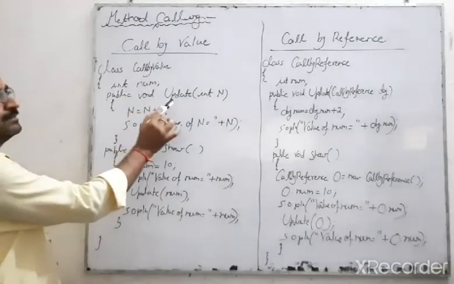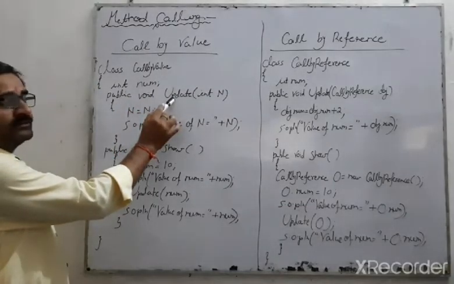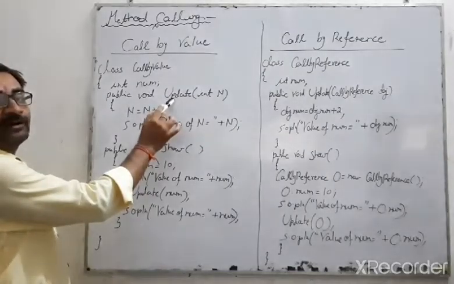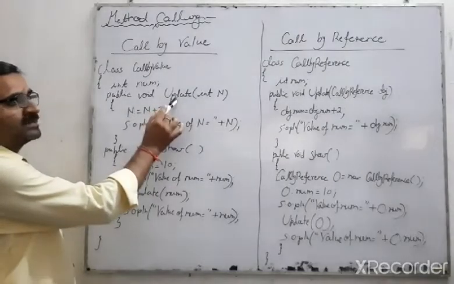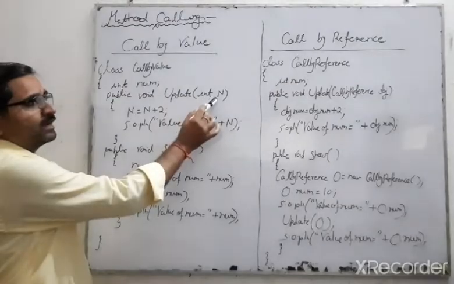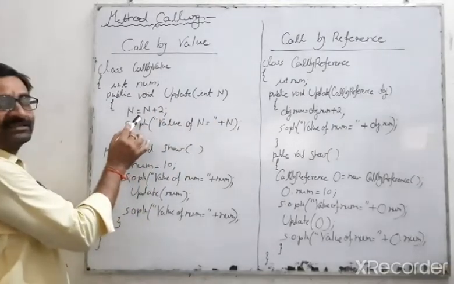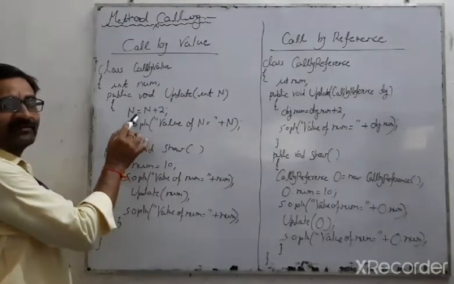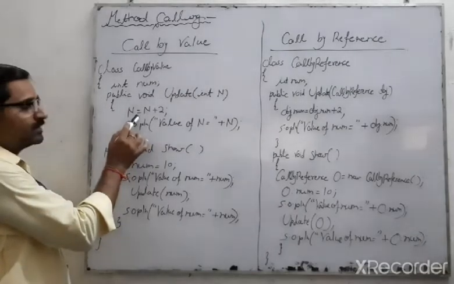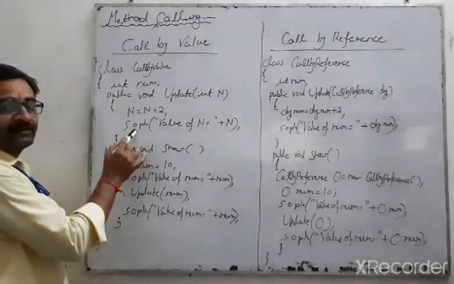Here we take a method update, which will update the value of a variable. This update method receives one integer value. Then this method increases the value of n by 2, then prints the value of n.